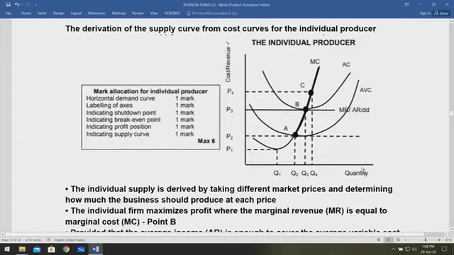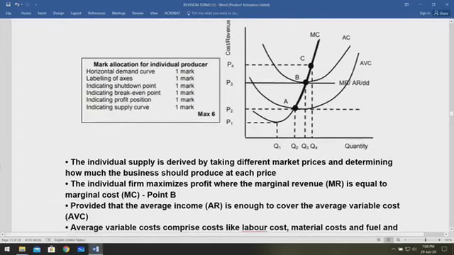We're trying to see how much this person has to produce. So the individual supply is derived by taking different market prices and determining how much the business should produce at each price. So the individual firm maximizes profit.